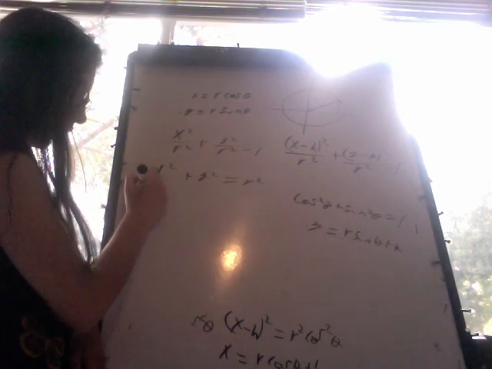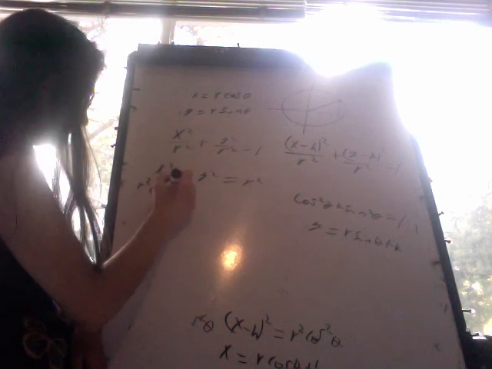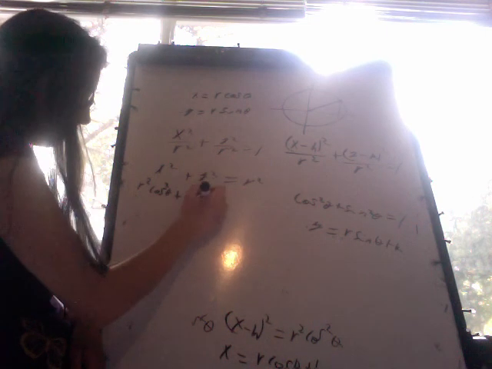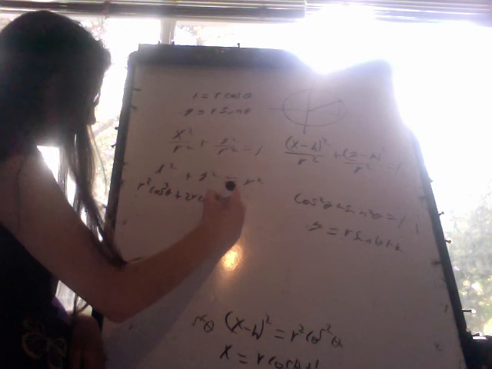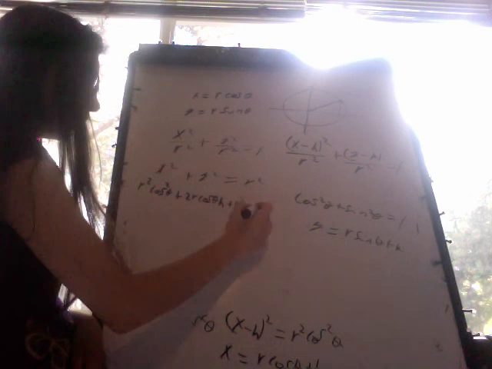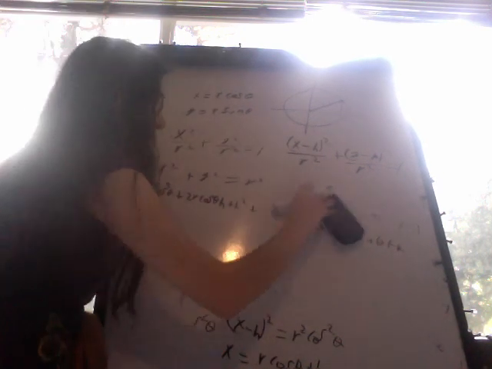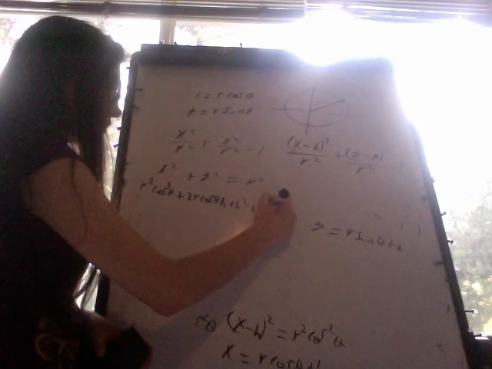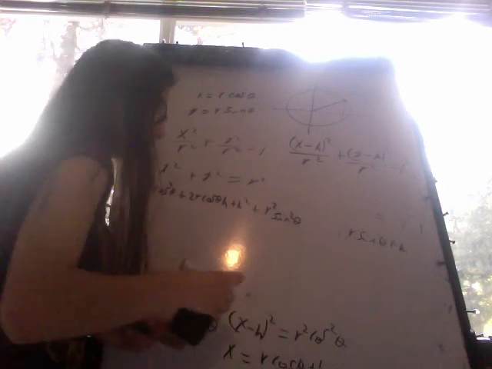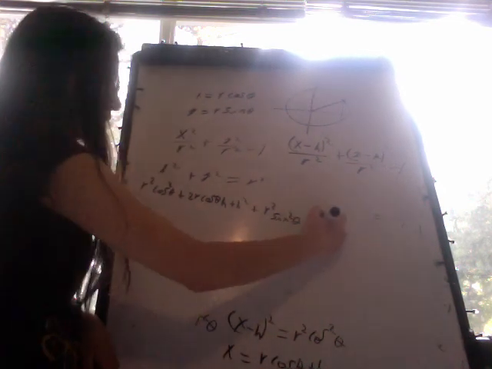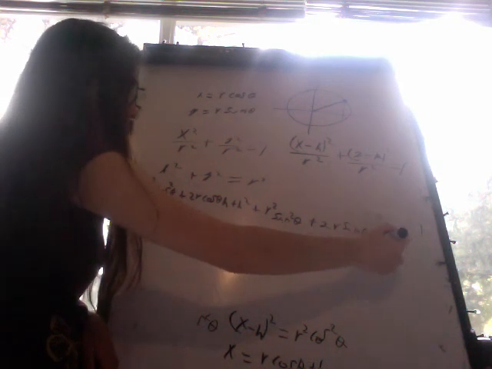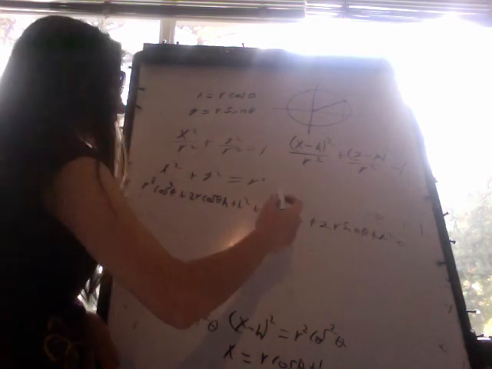So r squared cosine squared theta plus 2r cosine theta h plus h squared plus, I'm running out of space, r squared sine squared of theta plus 2r sine theta k plus k squared equals r squared.